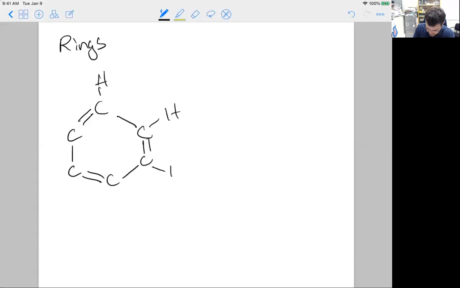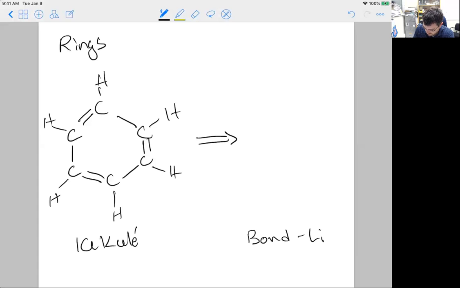It's a ring of carbons, and they alternate double bond and single bond attachment points. If I converted that from a Kekulé to a bond line, it would look like this. So a hexagon with alternating double bonds and single bonds.